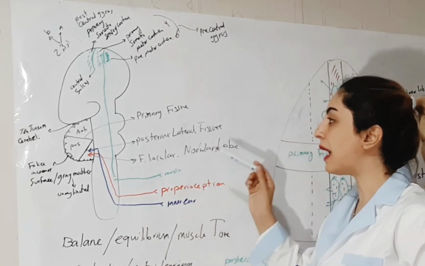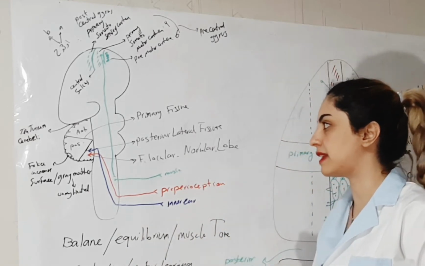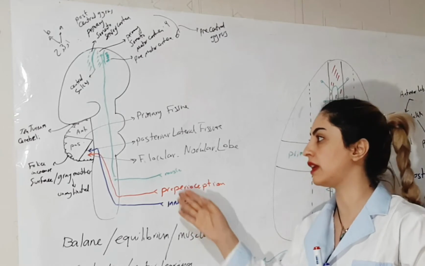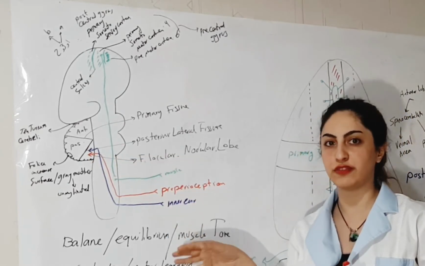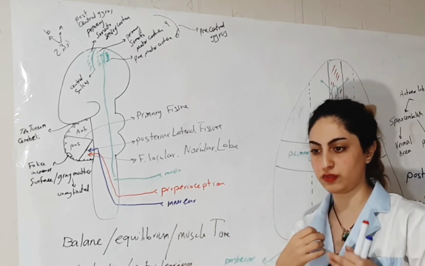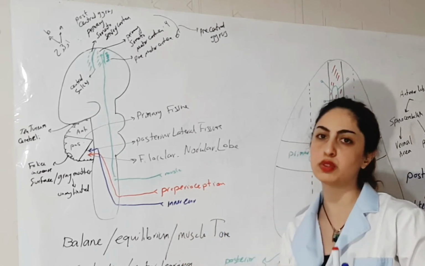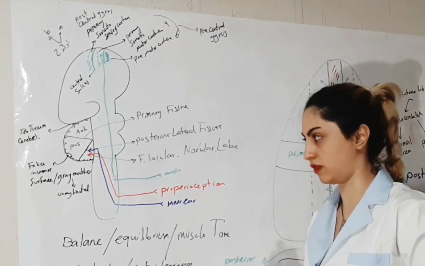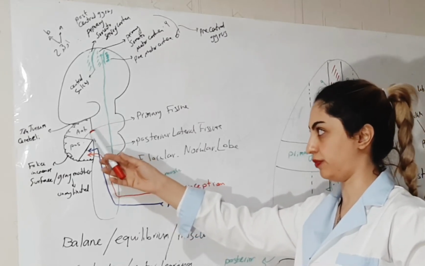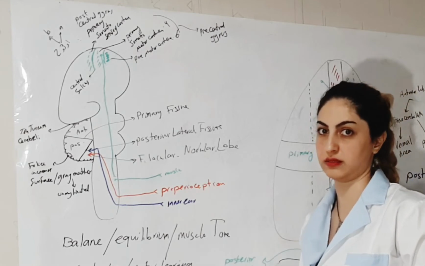So there are some pathways, which means that axons go inside the cerebellum, and they are called the afferent pathways. It means that the cerebellum receives some tracts. On the other hand, there are some tracts and axons which go out of the cerebellum, which are called efferent.